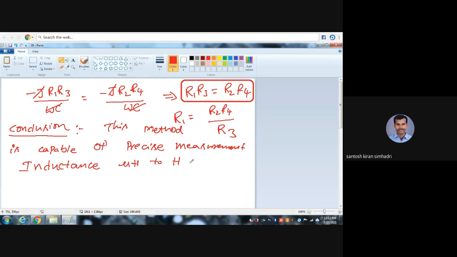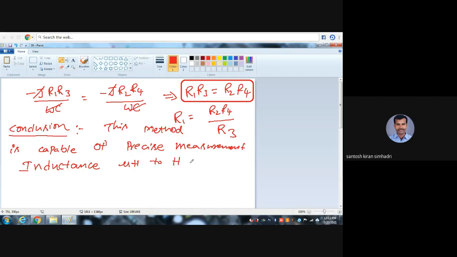If you go with Wheatstone, you are satisfied only with resistance. Then you go with Maxwell's, you concentrate on both resistance and inductance. Then go with Schering, which finds the capacitance value. Then come back to Wien's, which is concentrated on the frequency.